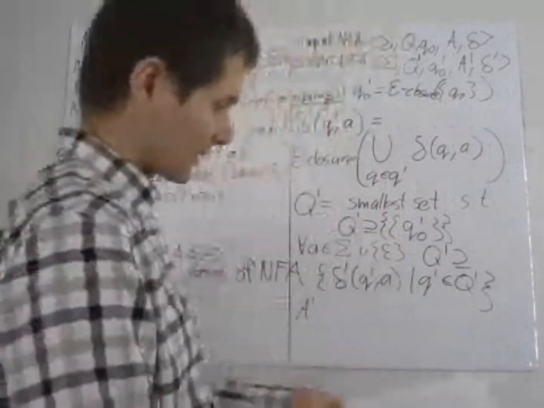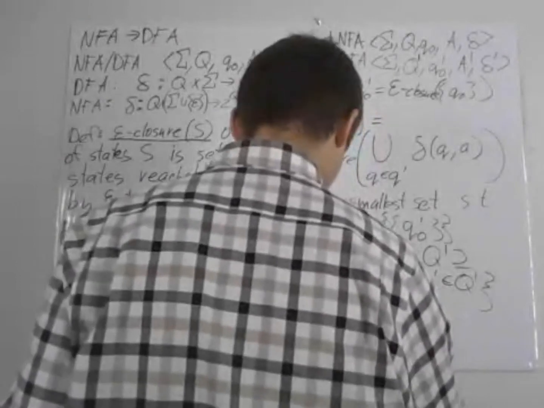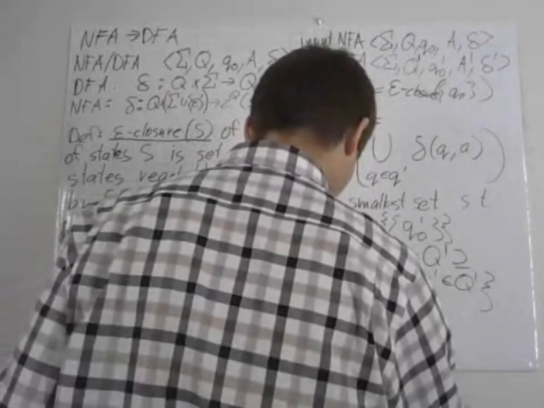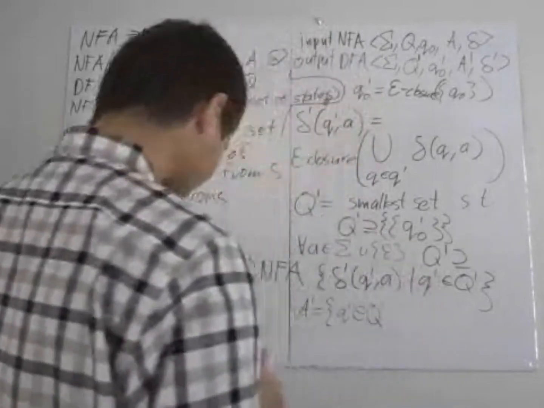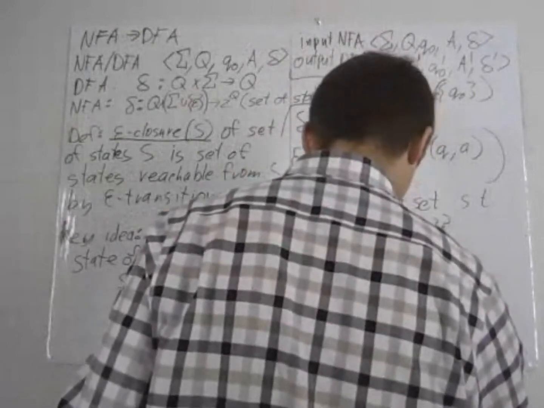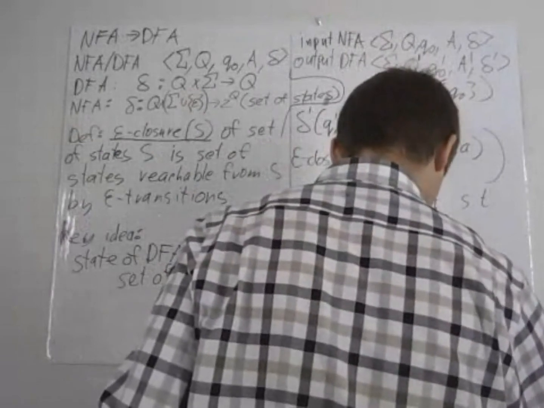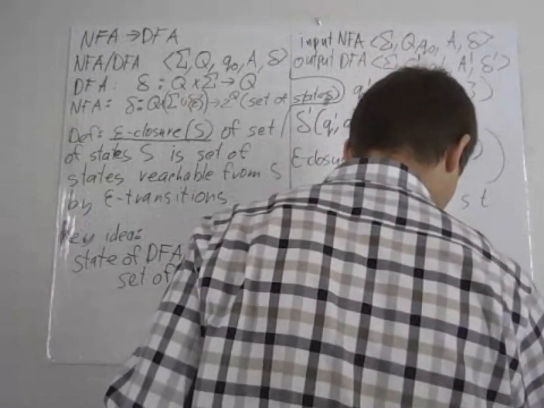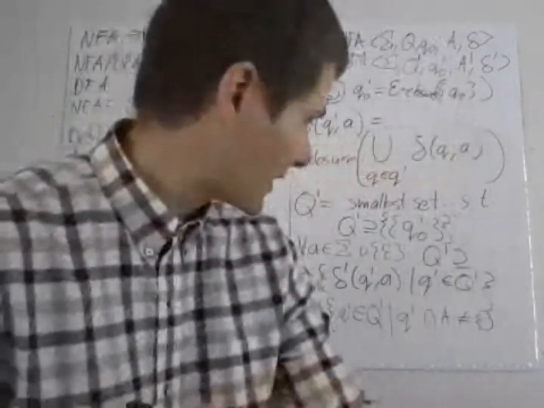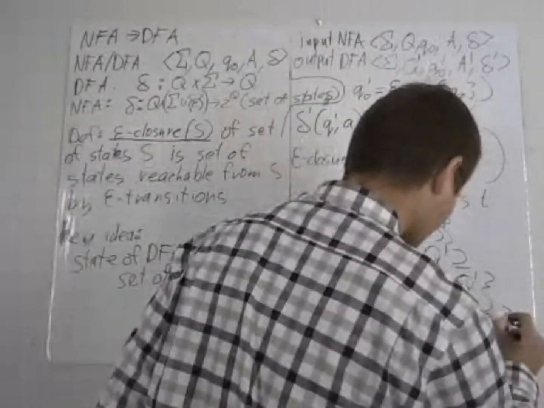So the set of accepting states is going to be the set of all little q prime in big Q prime such that at least one of the states in Q prime is also in A. So the intersection of Q prime and A is not the empty set.